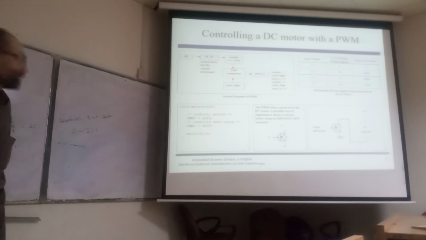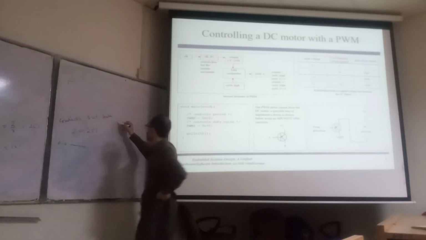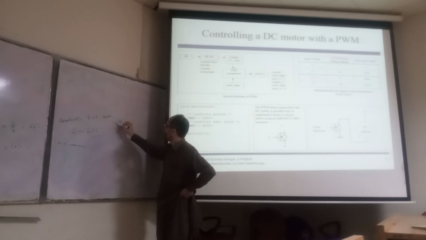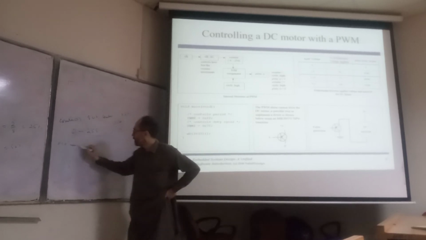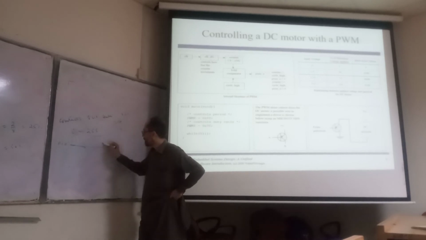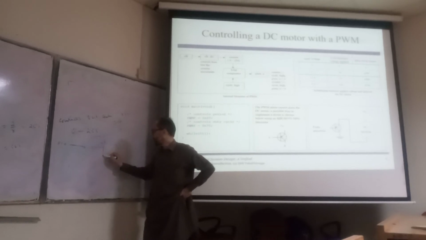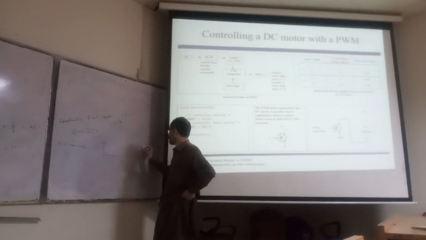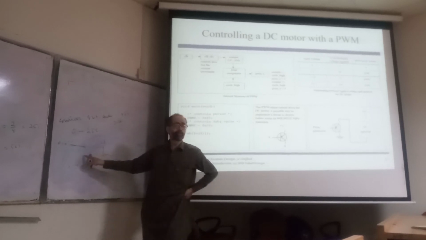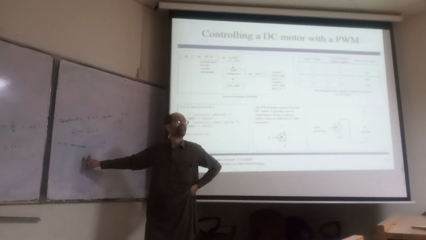Understand? If you divide 256 by 4, it is 64. So from 0 to 63 it will be high, and from 64 to 255 it will be low. What is the duty cycle now? 25%.